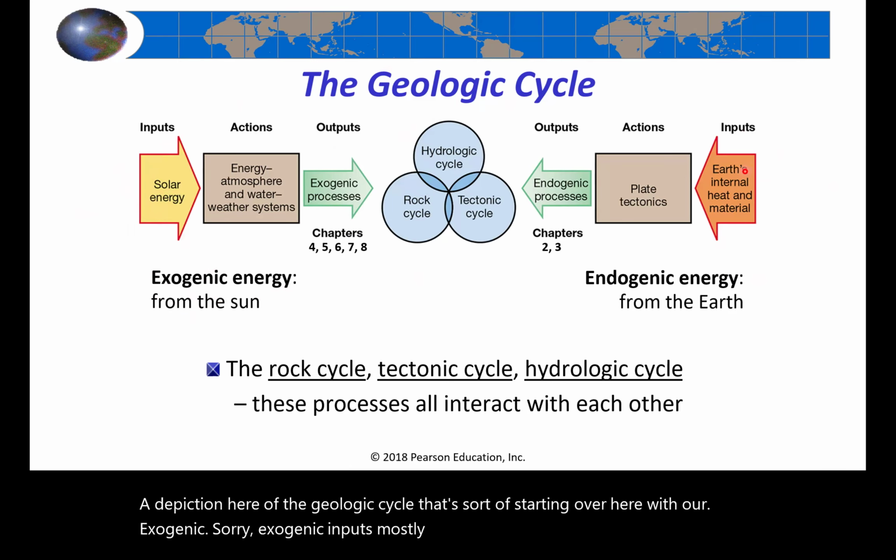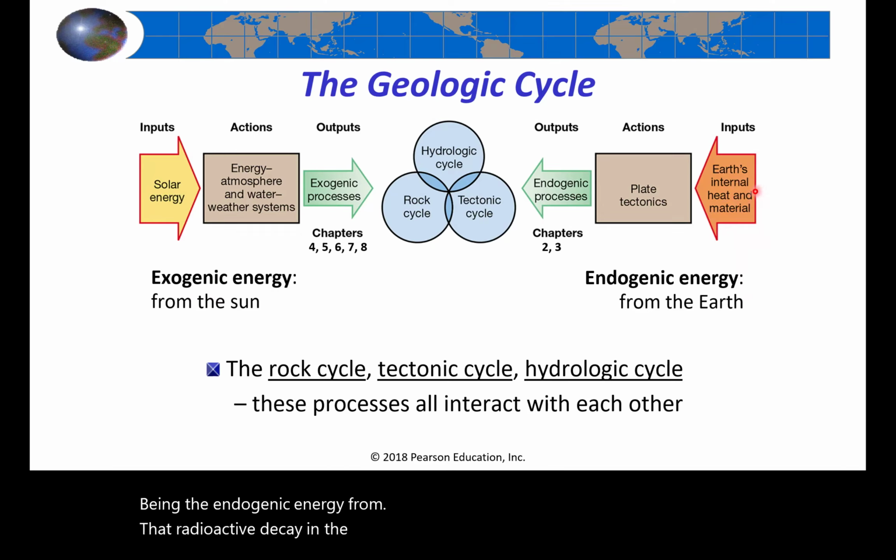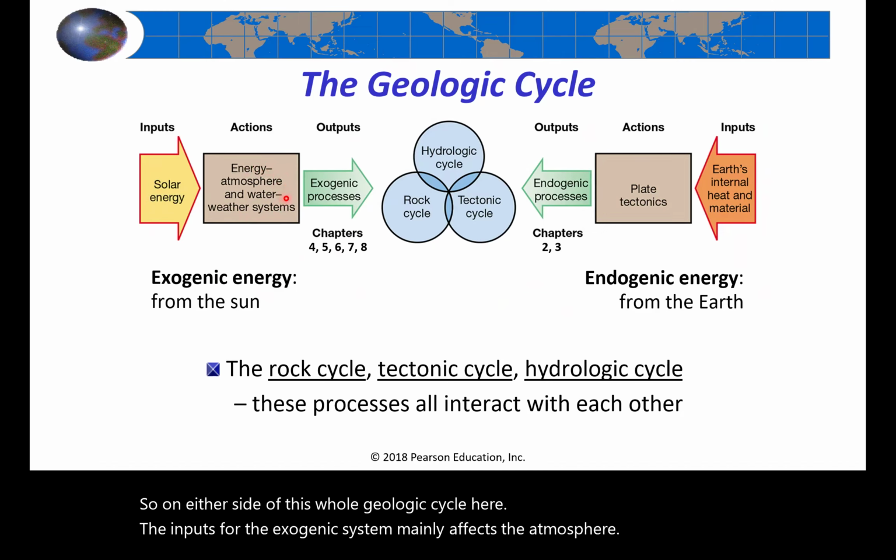And on the other side, we have the inputs being the endogenic energy from the radioactive decay in the center of the Earth. So on either side of the whole geologic cycle here, the inputs for the exogenic system mainly affect the atmosphere and water and weather systems.